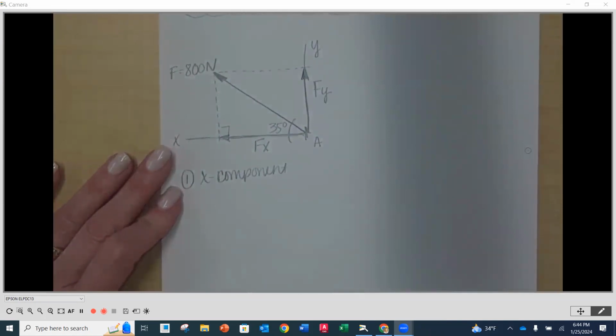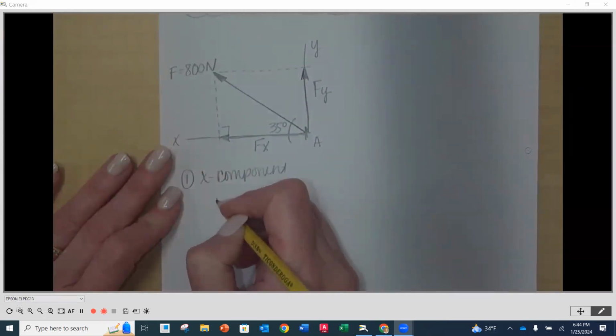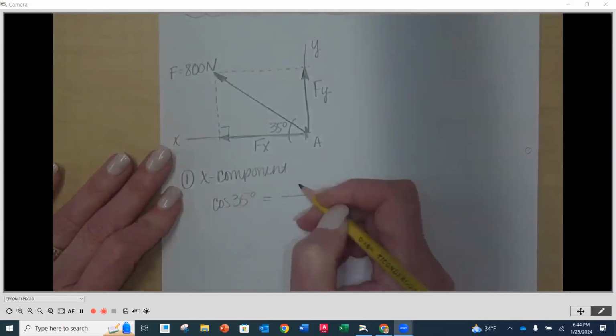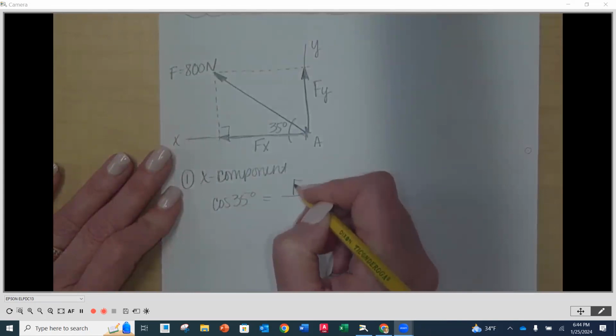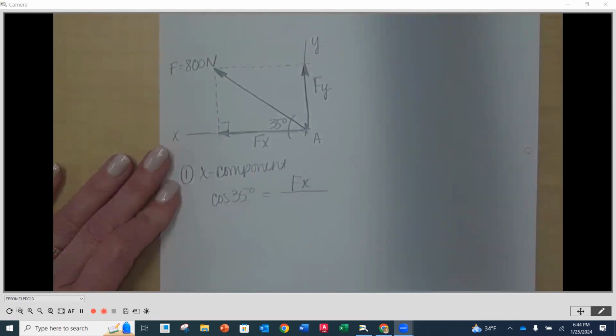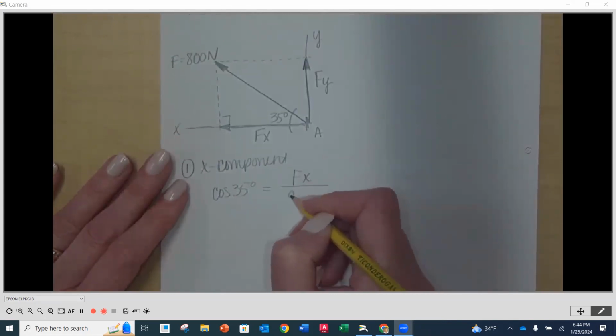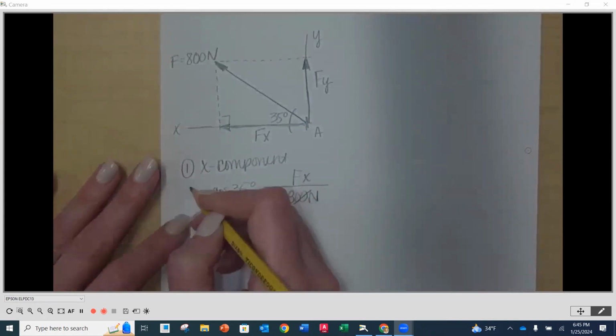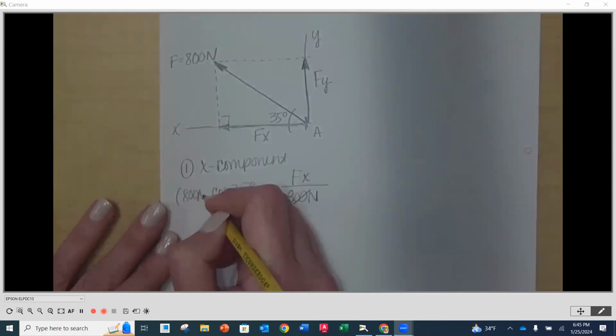If you just want to call it step 1, that's fine. And we're going to say cosine of 35 degrees is going to be equal to, on top here, side adjacent, which is Fx, divided by the hypotenuse, which is 800 newtons. Remember to put your units in all phases of the problem. To solve for Fx, we're going to multiply both sides by 800 newtons.